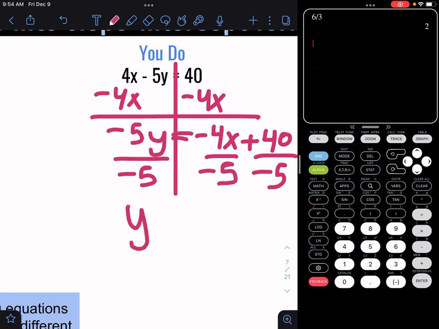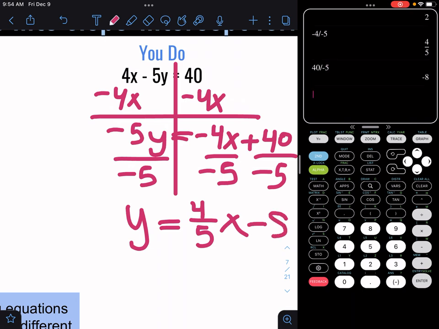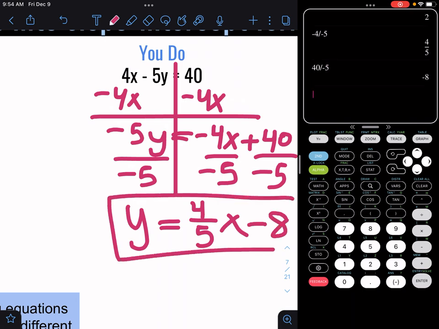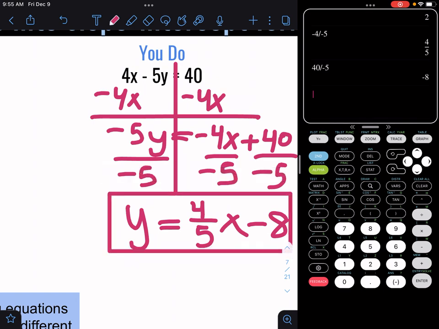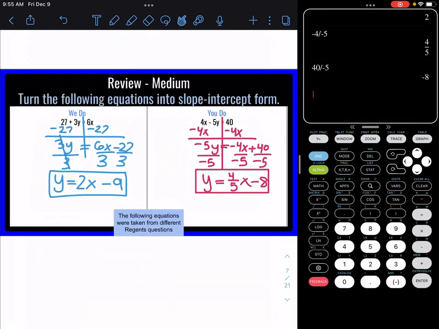So I'll get y equals, what is negative 4 divided by negative 5? It will just be 4 over 5x. And 40 divided by negative 5 is negative 8. Okay, nice job. So our slope is a number next to our x. Our slope, our m value is 4 over 5. And our y-intercept is negative 8.